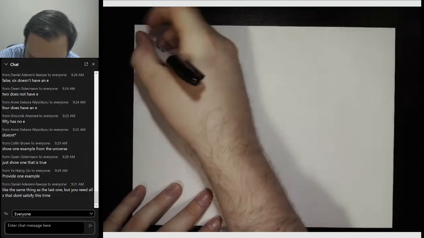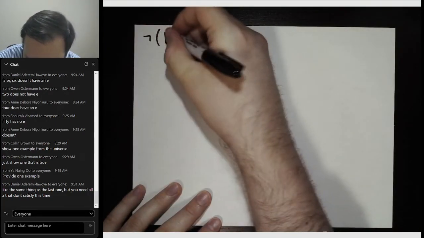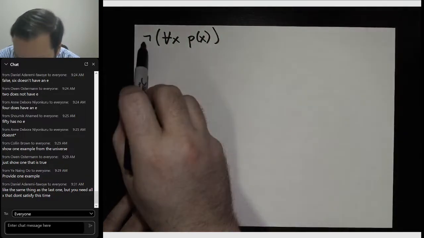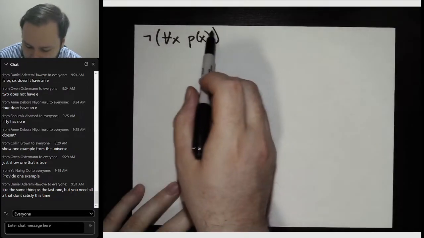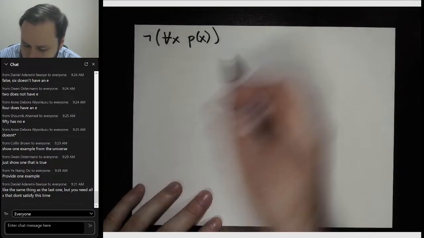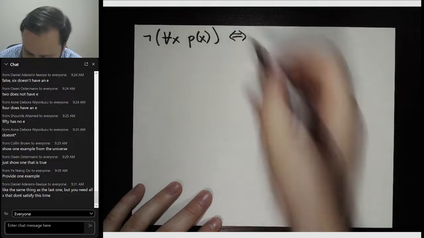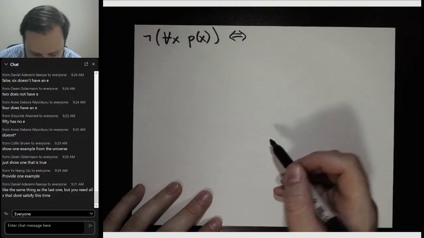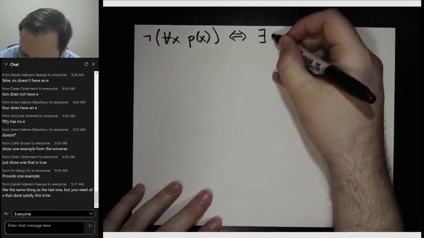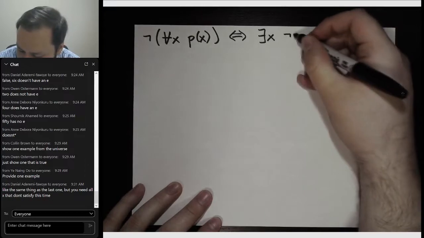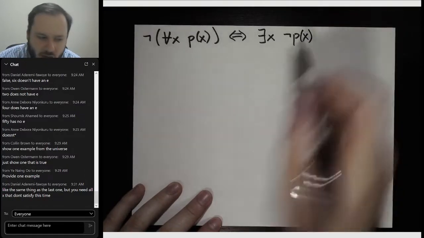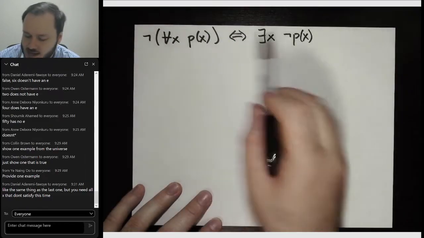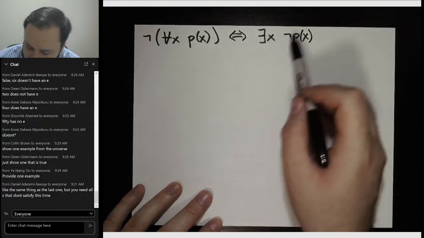The negation of a for all statement, if it's not the case that something is true for every x, that is the same as, logically equivalent to, there is some x where P of x is false. So not P of x is true. The opposite of for all x, P of x, is there exists x, not P of x.